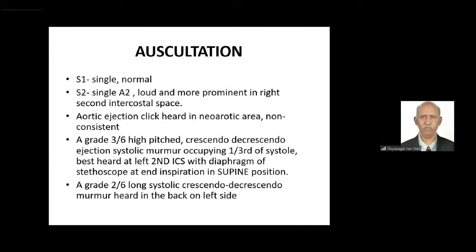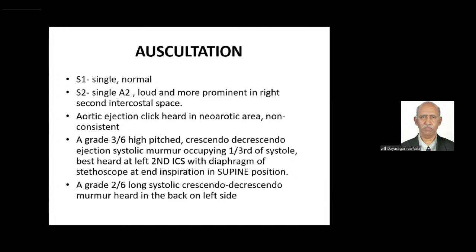So the implication is, if you find a single second sound, there can be only one semilunar valve, or there can be two semilunar valves, but one is far posterior. Pulmonary pressure is lower, so the pulmonary valve may be present, not stenotic, but still you are not able to hear it.